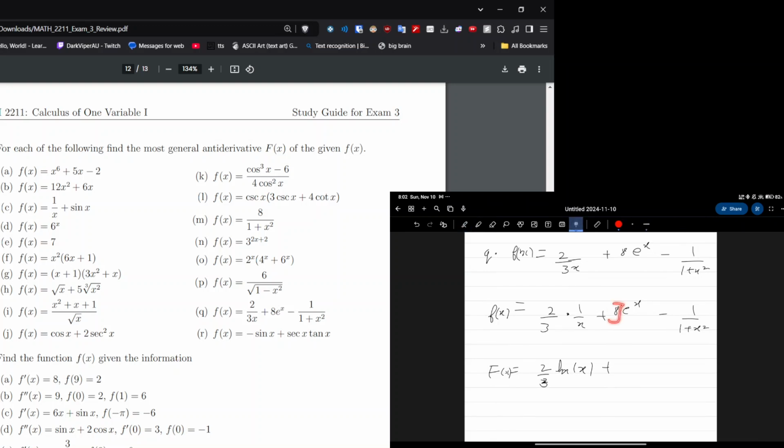For 8 e to the power x, the constants come out, e to the power x stays e to the power x, so it stays 8 e to the power x. And remember, this is the thing I was mentioning. Always remember this. This becomes negative arctan x plus c.